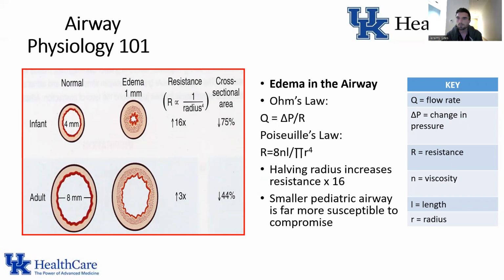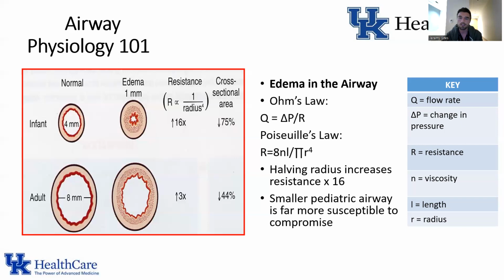Ohm's law, you'll remember probably from physics in terms of electrical current and resistance to electrical current. Well, when we're talking about airflow in respiratory physiology, we use Ohm's law to help us understand the relationship between flow, which is Q in this equation, its relationship with pressure and resistance.